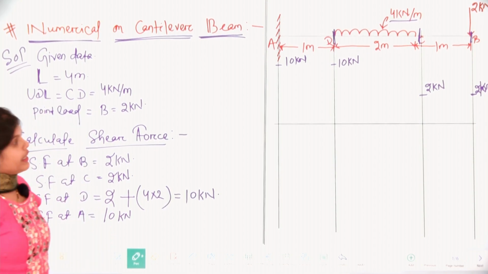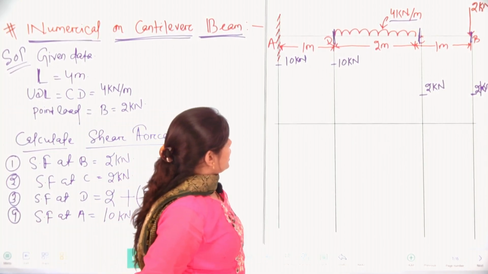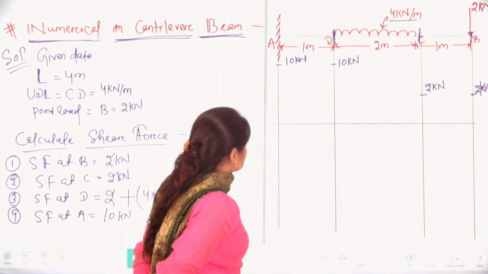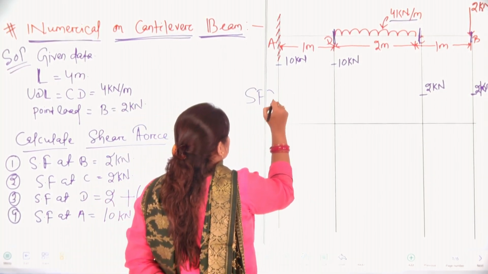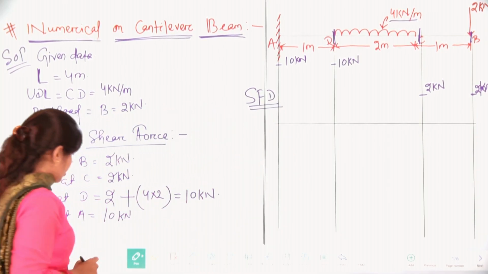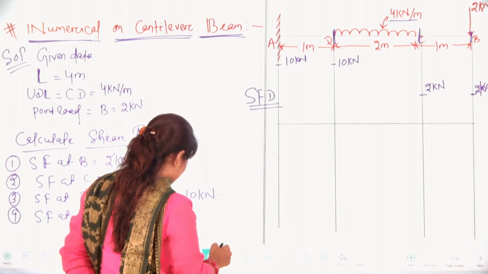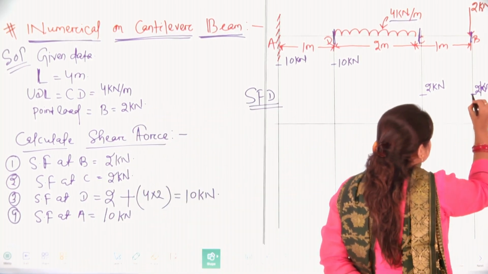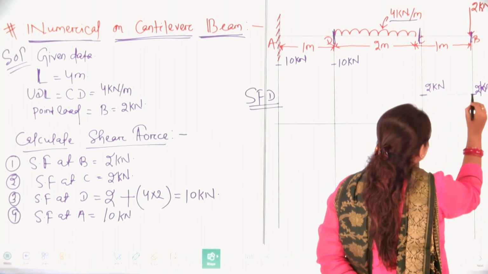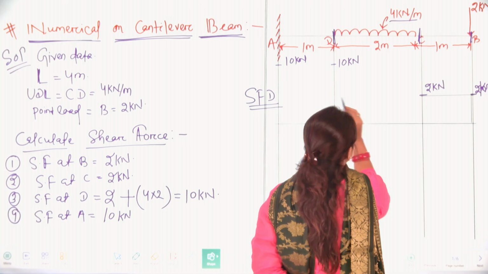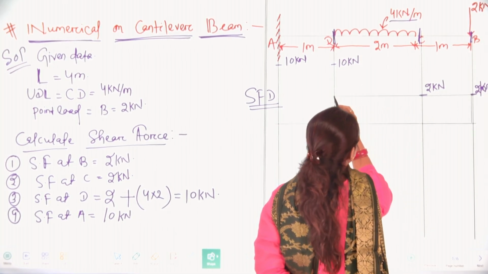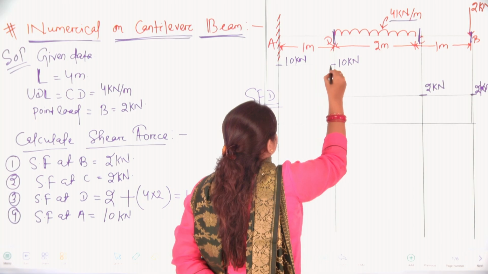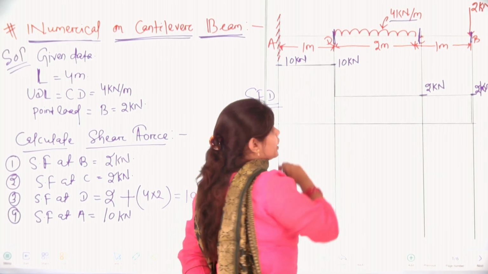We know that in case of point load and UDL, we will have a linear shear force diagram. So, let us join these points with lines.